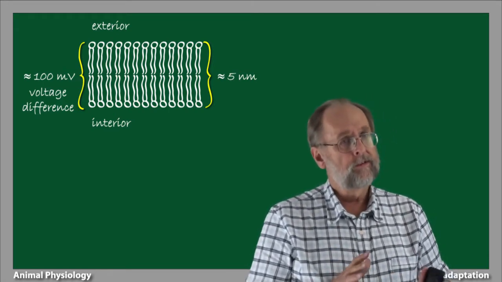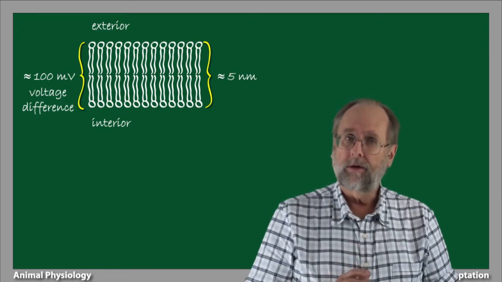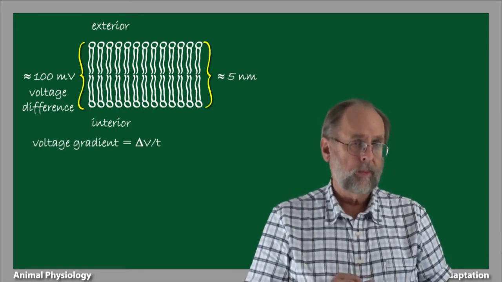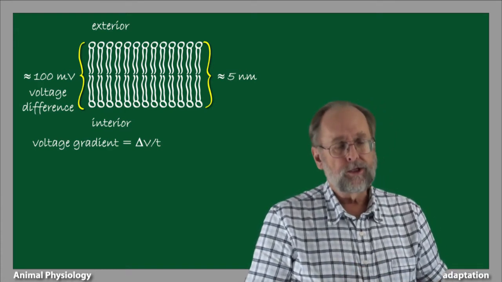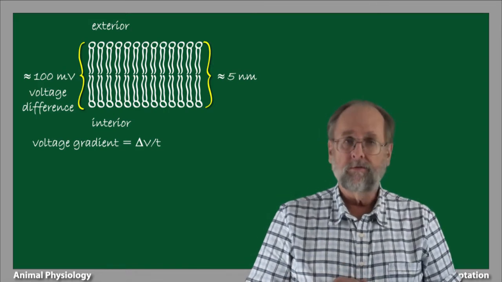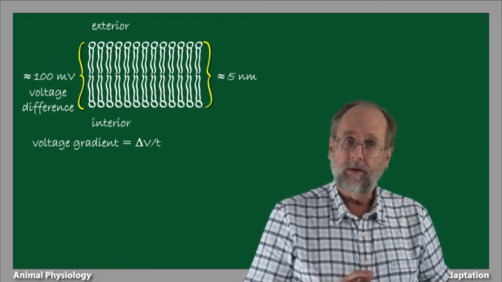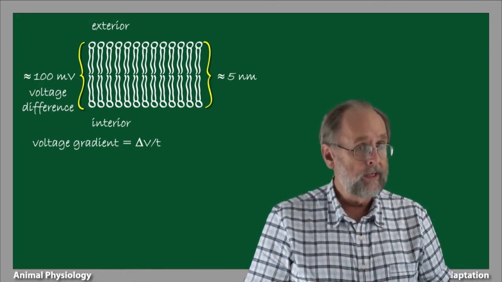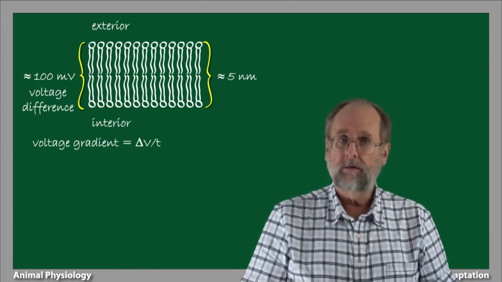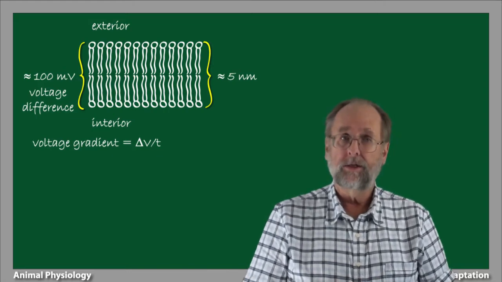Now, this is a voltage difference, but there's another way to express this as a so-called voltage gradient. The voltage gradient is the ratio of the voltage difference, delta V, and the distance over which the voltage difference exists, in this case, the thickness of the cell membrane, T. So let's do a quick calculation of what the voltage gradient is across the cell membrane.